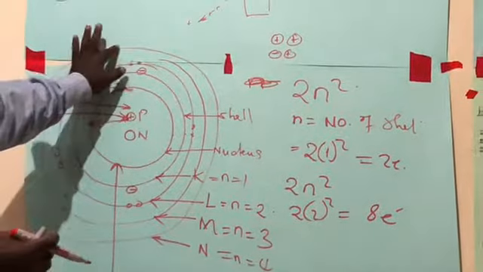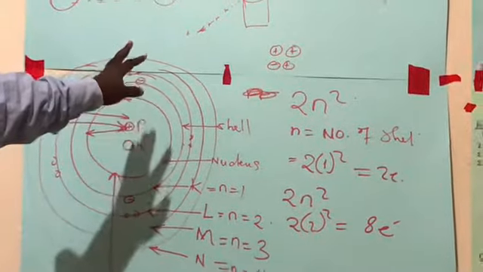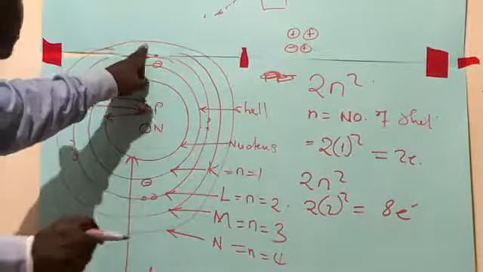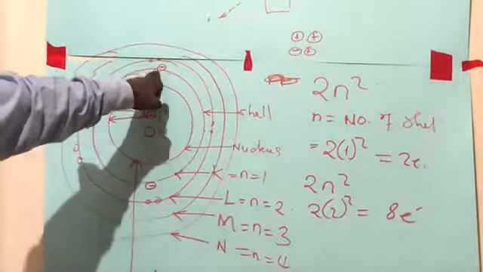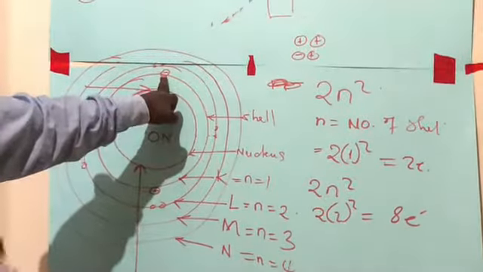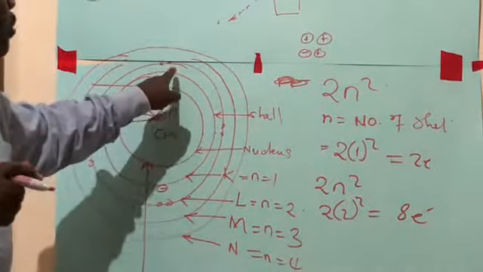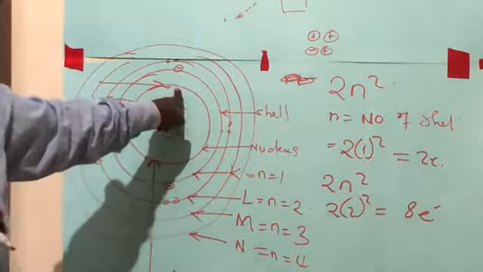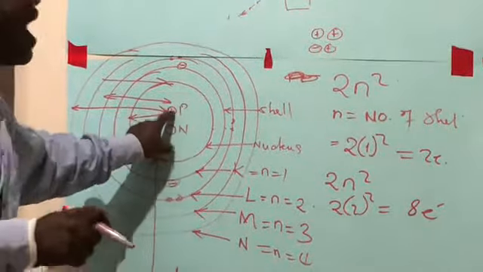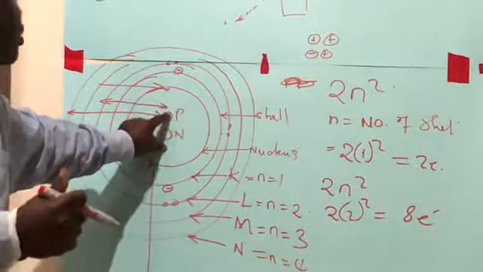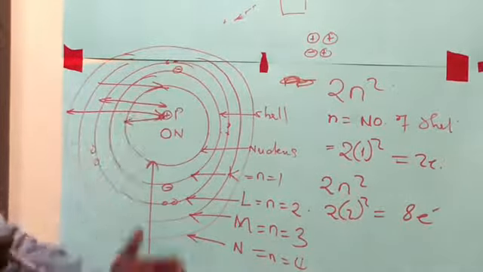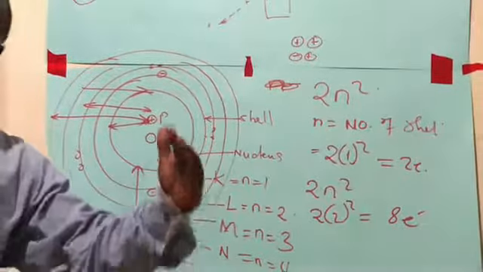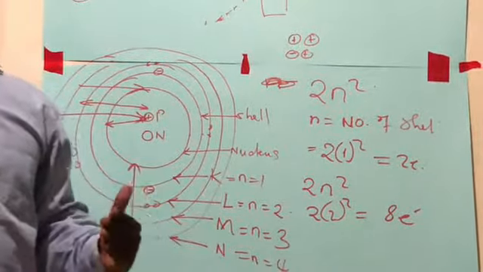The ionization energy, the energy required to remove 1 mole of electrons from this shell, is lower than the energy required to remove an electron from the inner shell. The nucleus has an attractive force on these electrons, so the further you go away from the nucleus, the easier it is for the electron to be removed.